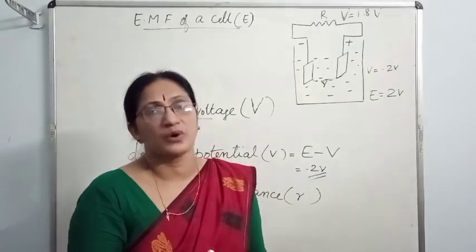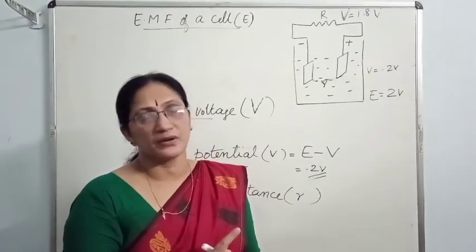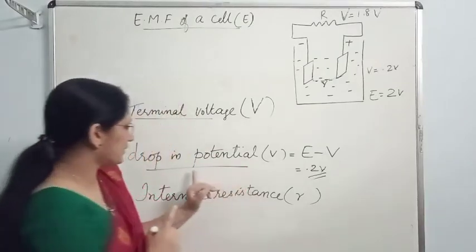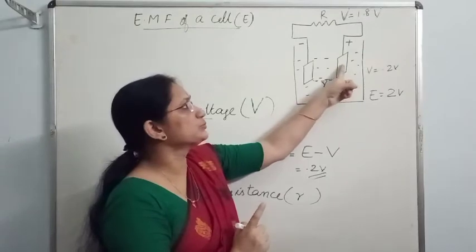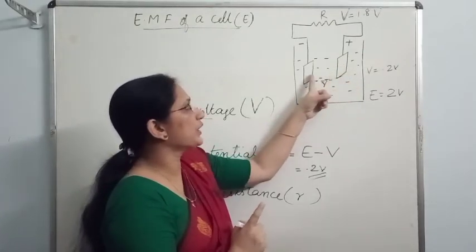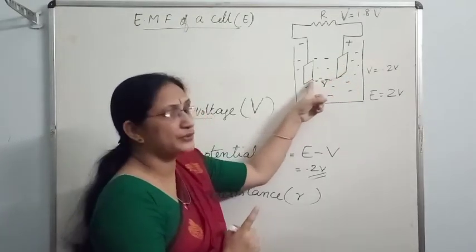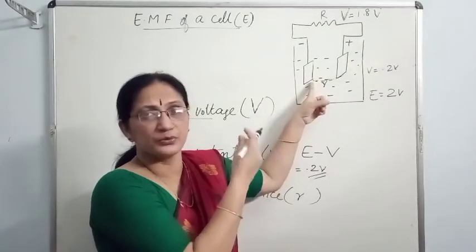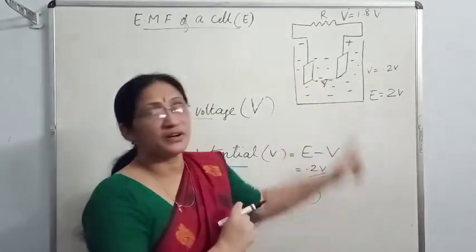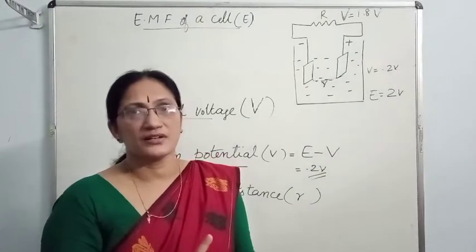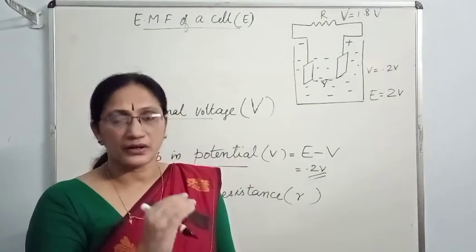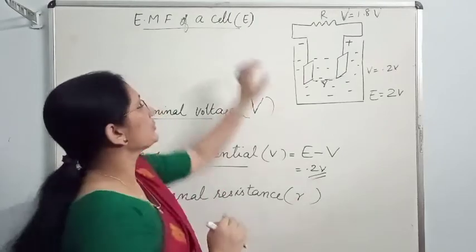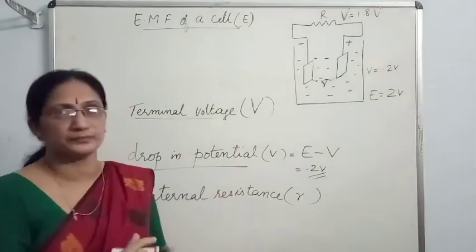That work done is known as terminal voltage. Now what is the meaning of drop in potential? If 1 coulomb of charge moves from one electrode to the other through the electrolyte, internally, the work done by unit charge is known as drop in potential. In this way, you can define these three terms in terms of work done.